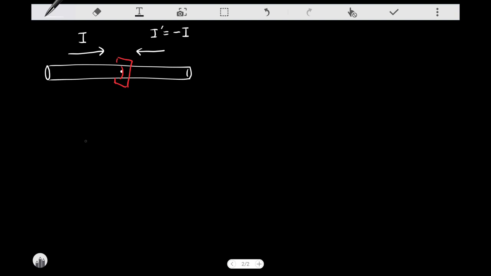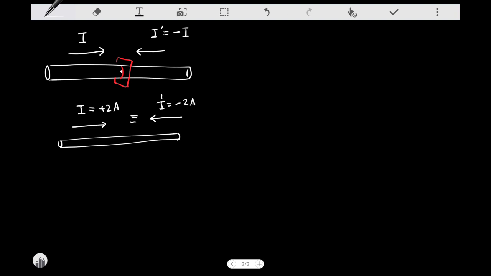If you want, I can give this as a numerical example. A current to the right, equal to, let's say, plus 2 amperes, is the same thing as a current flowing towards the left with a value of minus 2 amperes. All right, if we accept this definition, we will be very comfortable later on, because usually we choose the arrow before computing the value of the current.